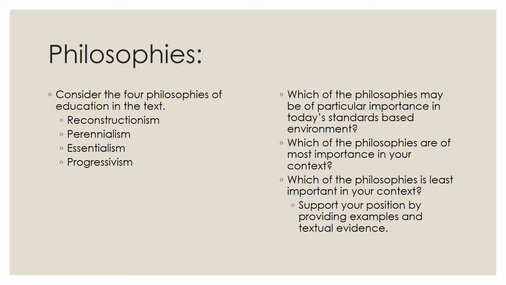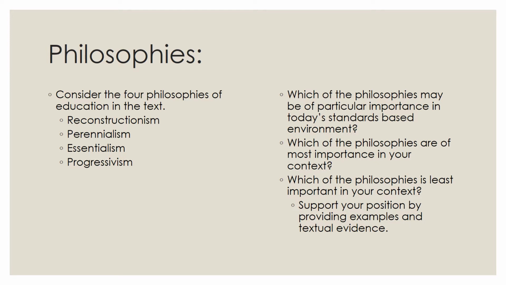So let's look at the 4 philosophies of education brought out in the text. First, we're going to talk about Reconstructionism. So Reconstructionists followed John Dewey's philosophy, and they proposed using school to achieve improvements in society. So their values were companionship, health, nourishment, and shelter.